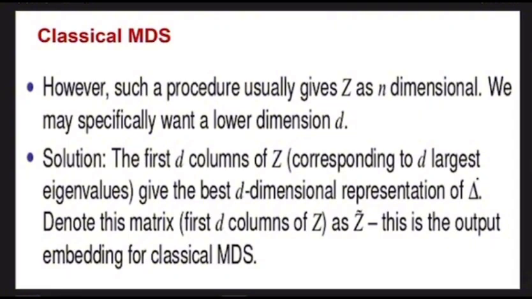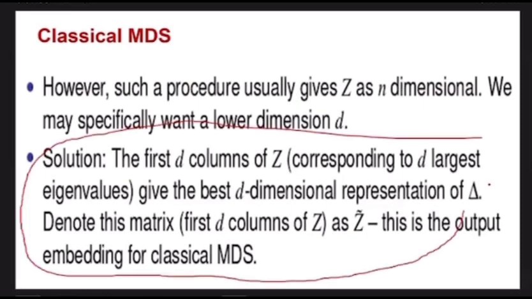Now, I needed to pay attention to this guy. I said the first D columns of Z. Let me tell you this. If you look at Z, it has from Z1 to Zn. We don't want to use all of them. We only want to settle for the lower dimension. That was why I said the first D columns of Z corresponding to the largest eigenvalues will give the best D-dimensional representation of data.